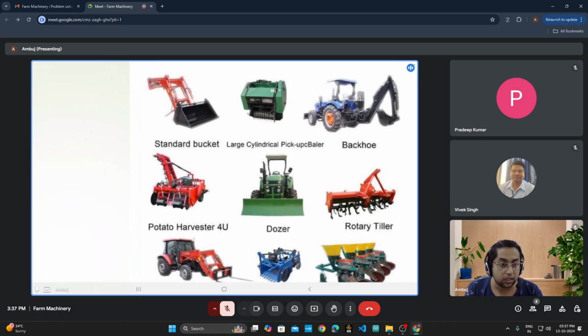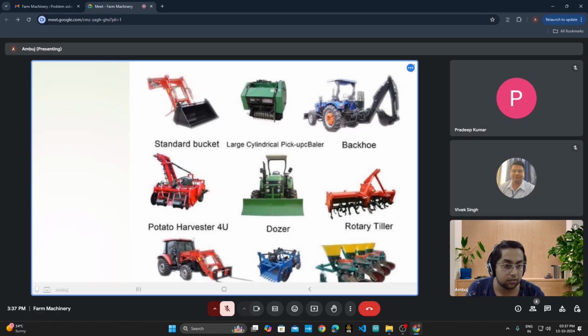When the crop is cut through the combine, the husk part, the straw part of the crop, is converted into bales through this equipment which is known as a baler. After that it is further tied through different ropes, and then that particular straw can be directly fed to the cattle.